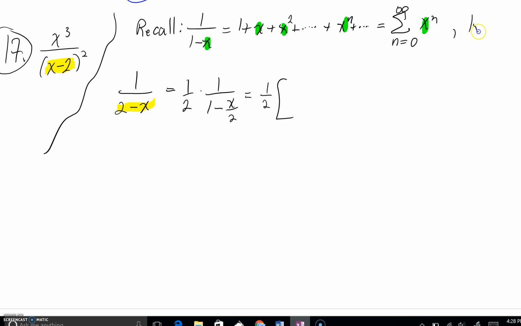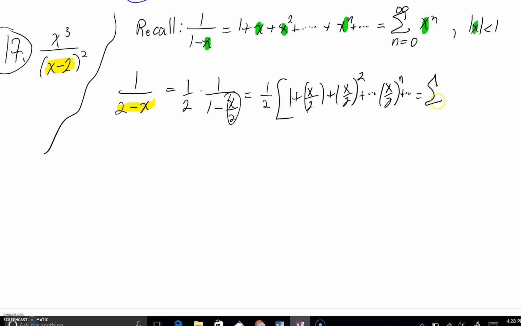And by the way, we even have the absolute value of x less than 1. We're about to do a substitution of x over 2. So everywhere where we have an x, it's replaced with that x over 2.